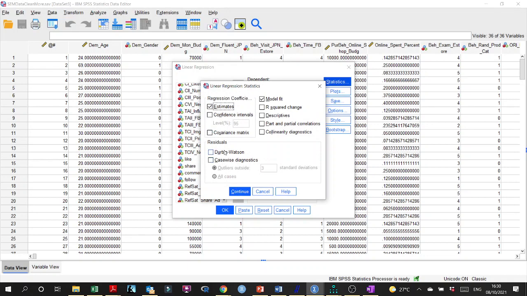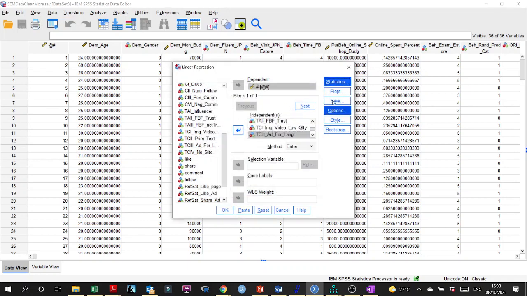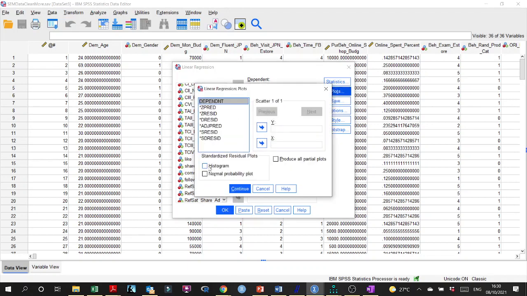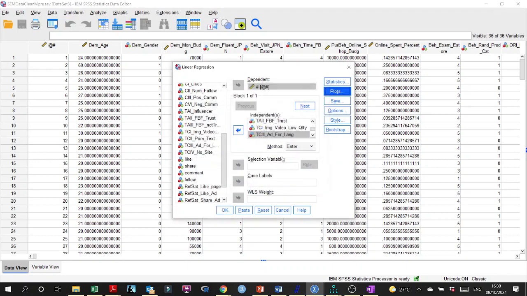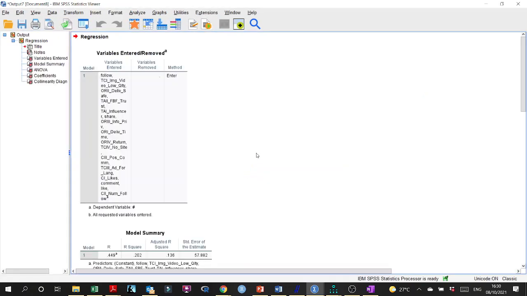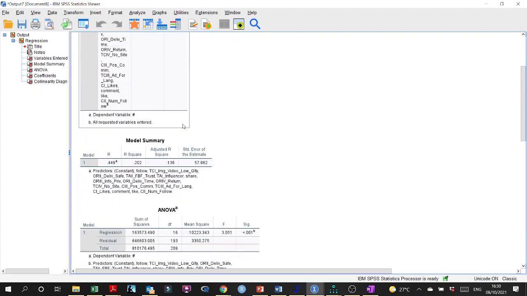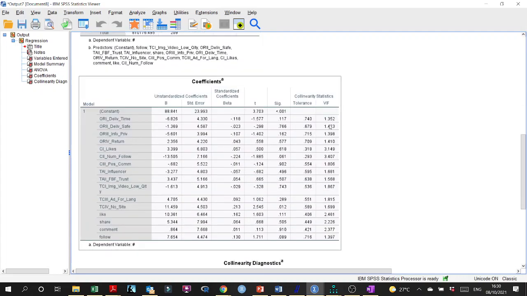And for statistics, we're going to ask for collinearity, guys. And for plots, maybe we don't need the histogram for now. Let's just keep running the analysis. And over here, you're going to get the VIFs. So VIFs are still above 3.